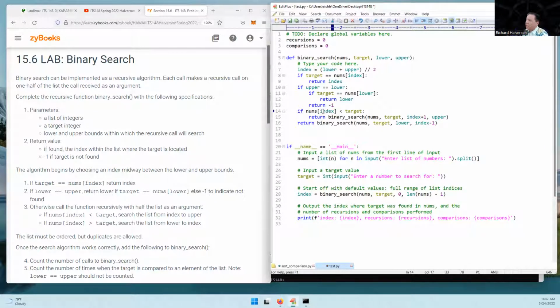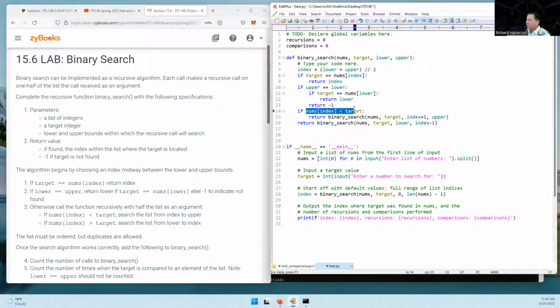And so if the number at the index is less than the target that we're looking for, then the target must be in the upper half, at a higher index than the one we're at. So we're going to search the upper half, and this is how you figure out the upper half. You just take the index and add 1 to it, because it wasn't that one. And the upper coming in stays the same.